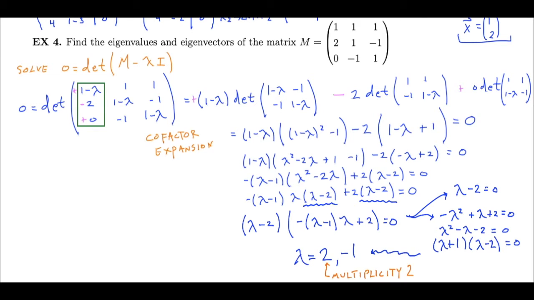So this isn't necessarily the cleanest or most efficient way to solve this cubic equation, but I've been able to effectively identify my eigenvalues, and from this step I set lambda minus 2 equal to 0, which of course yields lambda equals 2, and then I could set this quadratic equal to 0 as well, and once I had factored that quadratic, I get lambda equal to -1 and lambda equal to 2 again.